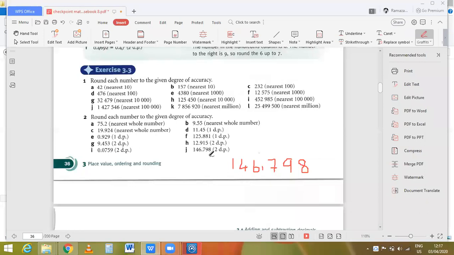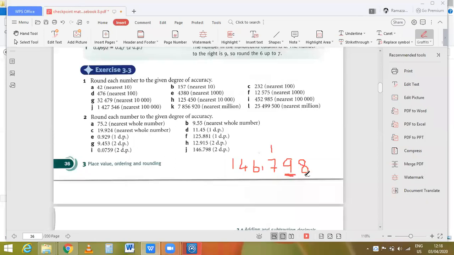It's asking second decimal place. So let's do it together. After the decimal here, which is the first decimal number? 7 is the first one. The second one is 9. The second decimal point is the 9.